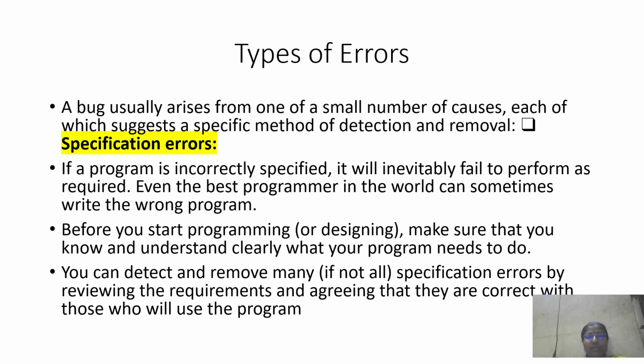So before you start programming, make sure that you know and understand clearly what your program needs to do. Especially in embedded applications, you should clearly know what your requirement is and what your program needs to do. You can detect and remove many specification errors by reviewing the requirements and agreeing that they are correct with those who will use the program.